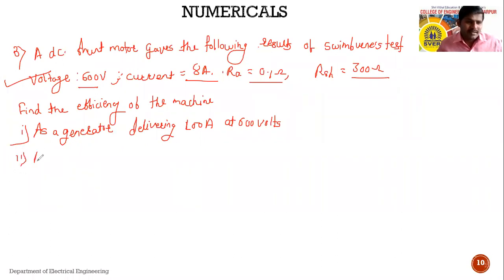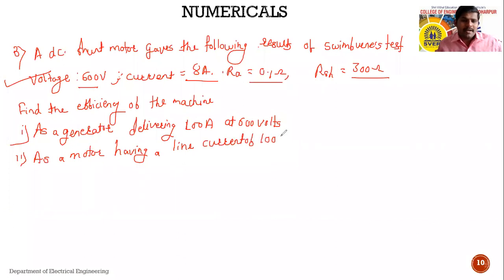Second one, as a motor having a line current of 100 ampere at 600 volt.